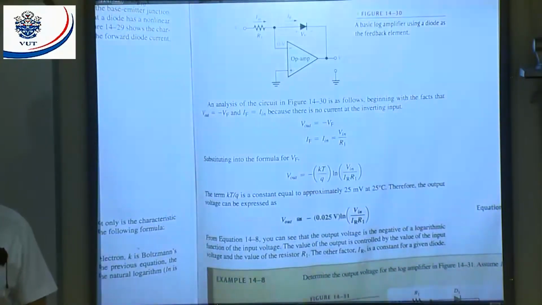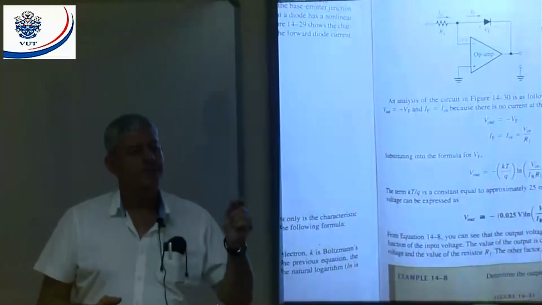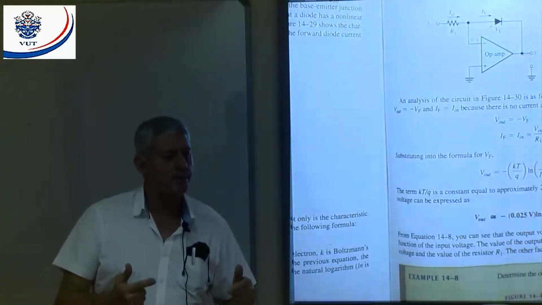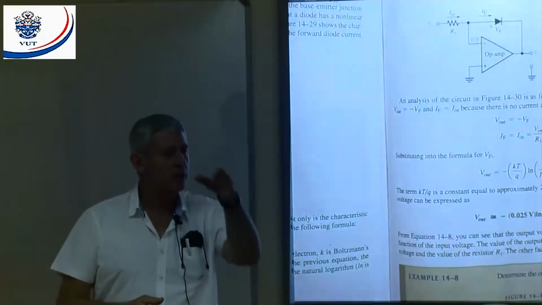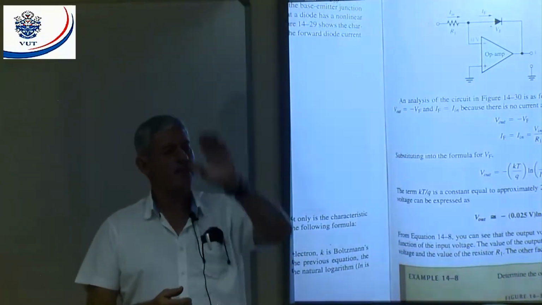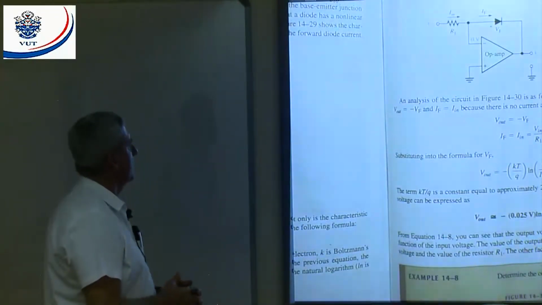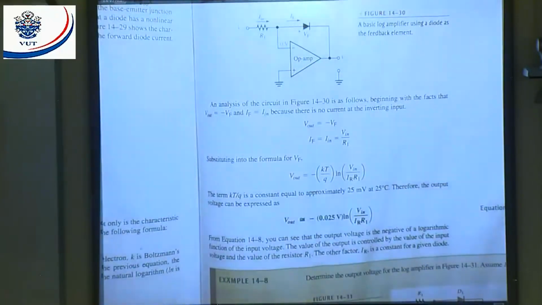Will it work as a log amplifier? Your output can't go higher than 0.7. If your output goes larger than 0.7, it won't operate as a log amplifier because we want to work on that curve. When you go past 0.7 volts, it goes straight up and it won't work as a log amplifier. All right, let's have a look at this analysis.